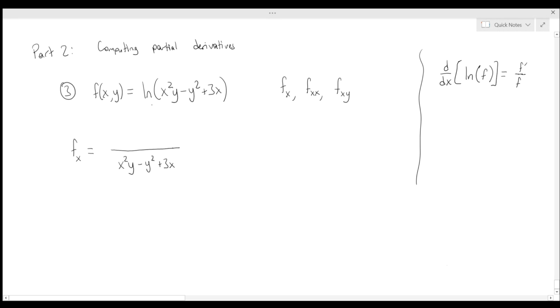So the derivative of x squared times y is going to be 2xy. Y is treated as a constant, so this term just goes to 0. And then the derivative of 3x with respect to x will be 3. Any questions about how I got fx right now?